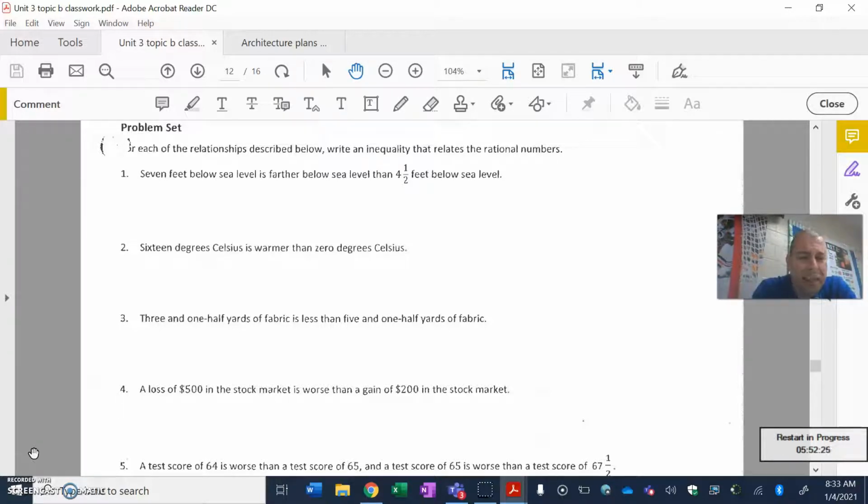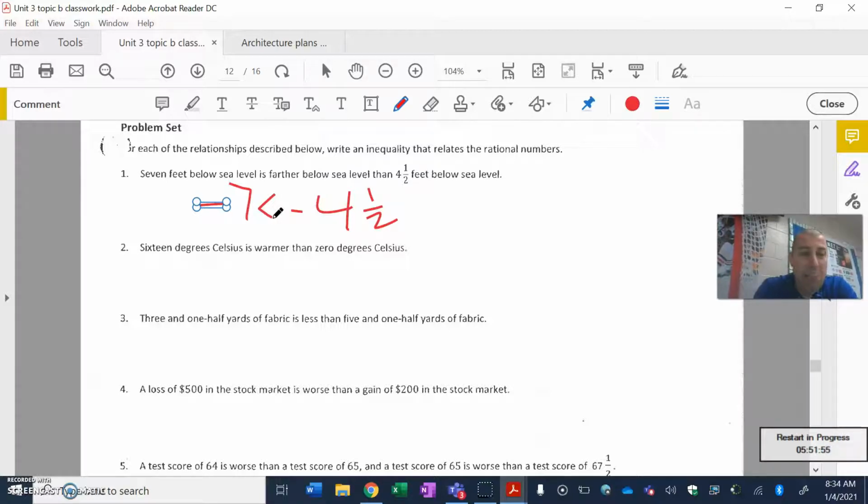So 7 feet below sea level, that means it's a -7, is farther below sea level than 4.5 feet below sea level. So what they're looking at here is -7 is smaller than, or in other words, farther below. So again, writing an inequality relating to numbers there.